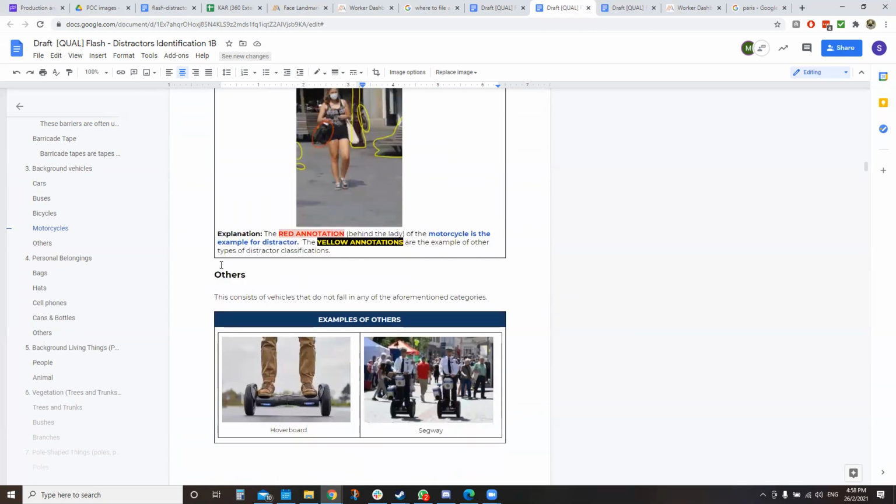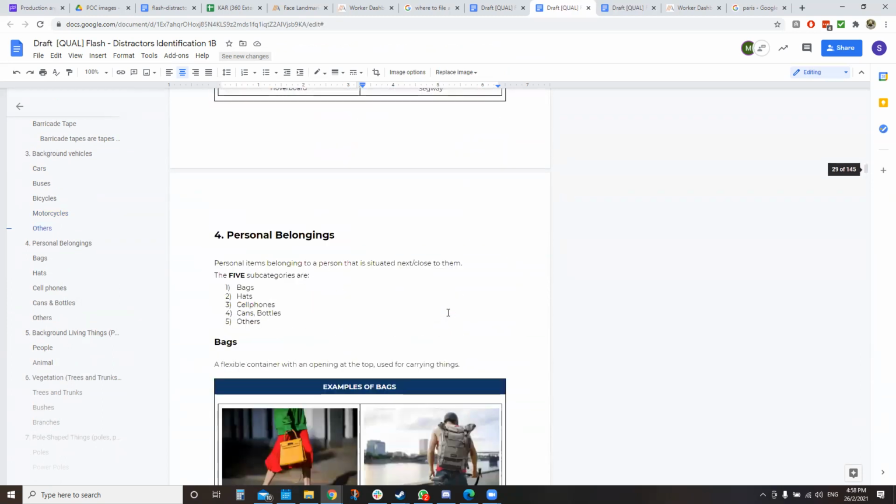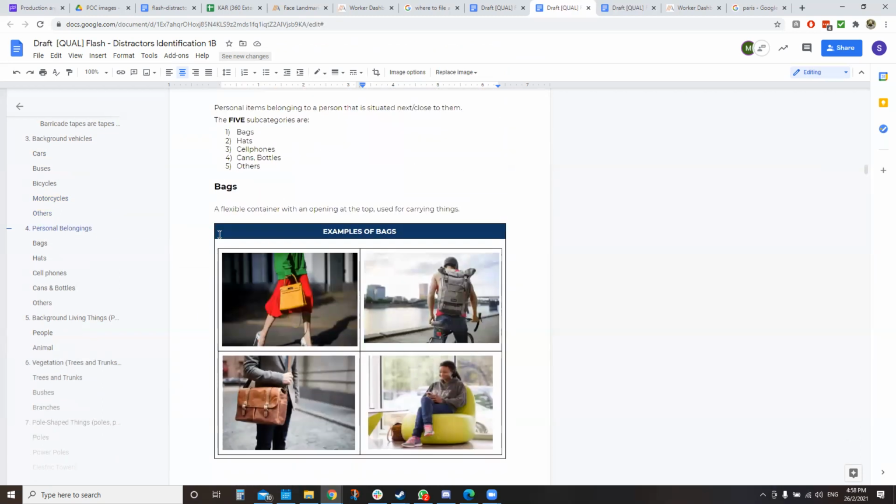Here you have other vehicles, anything that doesn't fall in the vehicle categories. Personal belongings: bag, hat, cell phones. Be a bit cautious when you are putting this, because if the person is carrying this, usually they are also the focus. Just because you see someone carrying a bag doesn't mean it is automatically a distractor.